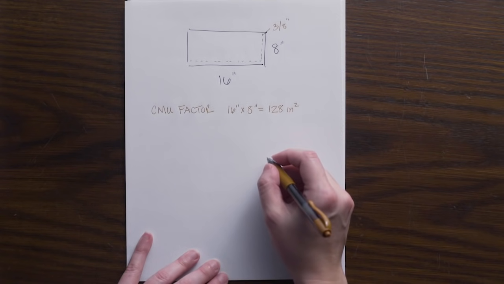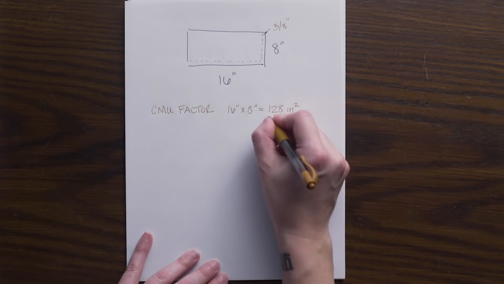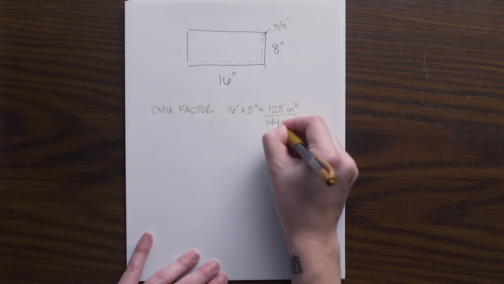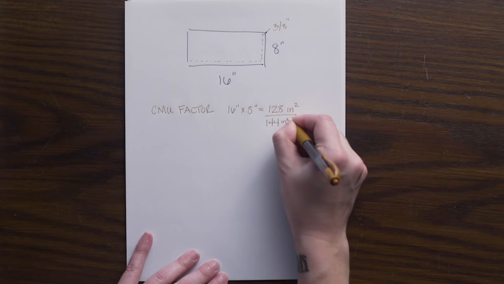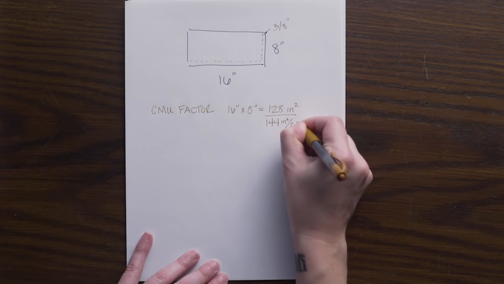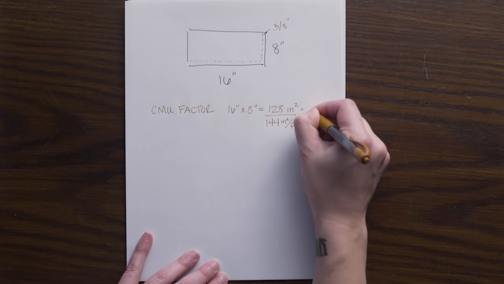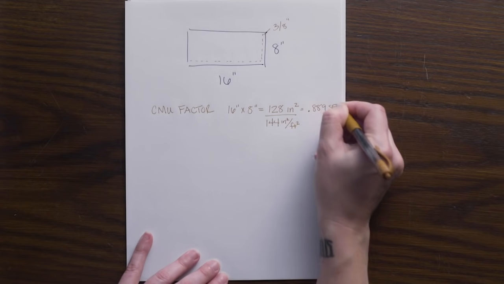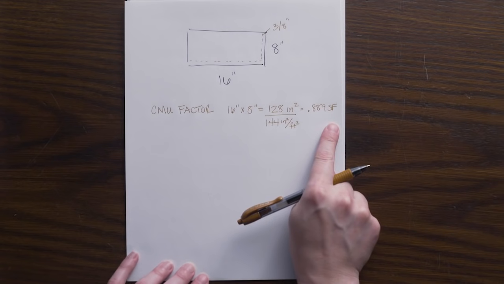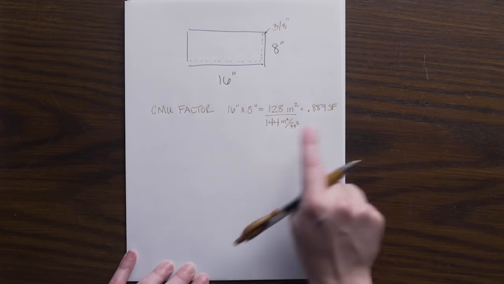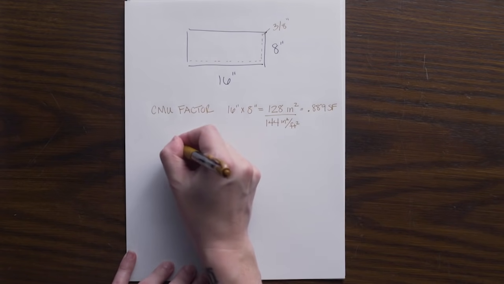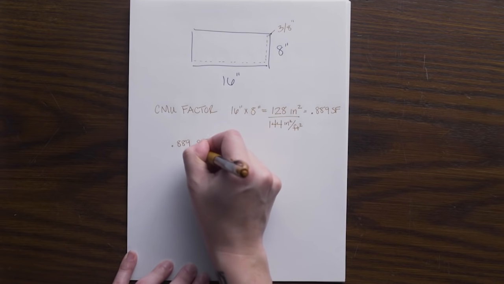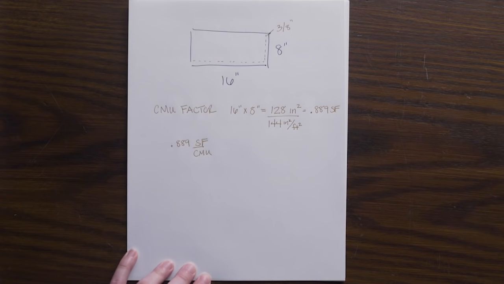If there are 12 inches in a foot and we square that, we can divide by 12 squared, or 144 inches squared per foot squared, and we will get 0.889 square feet. It's actually 0.8 repeating on and on and on. So this is 0.889 square feet for each CMU block.